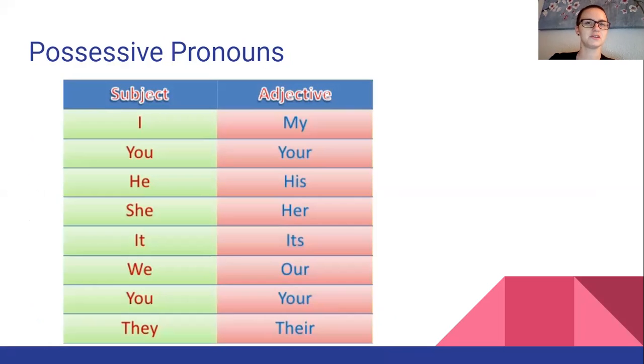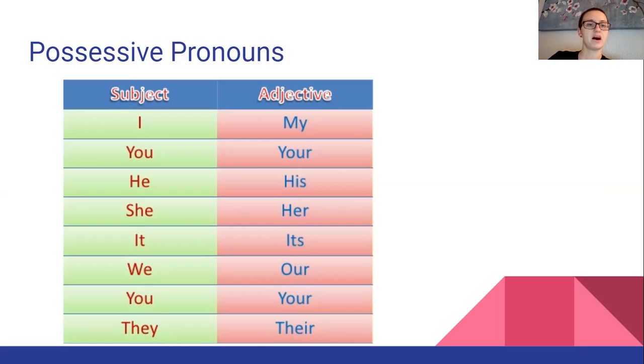So if you were looking at the hair and saying, well, I could say I have brown hair, or my hair is brown, both of those would be correct things to say, and they have the same meaning. To say the second one, my hair is brown, we need something called a possessive pronoun.